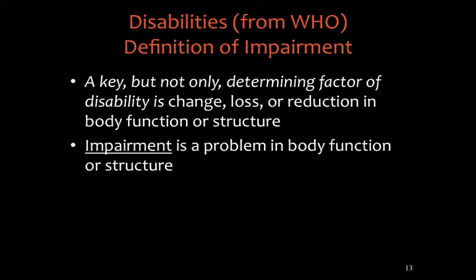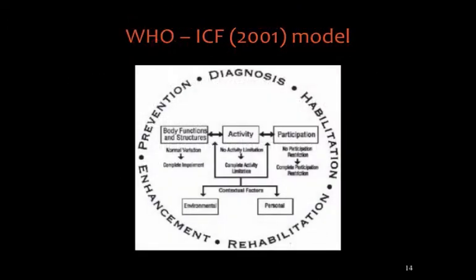And again, impairment then is some kind of change or atypical reduction in body structure and function. This language, which is contemporary language of disabilities, comes from the WHO, the World Health Organization, which is the language that tends to be used now for talk of disability.